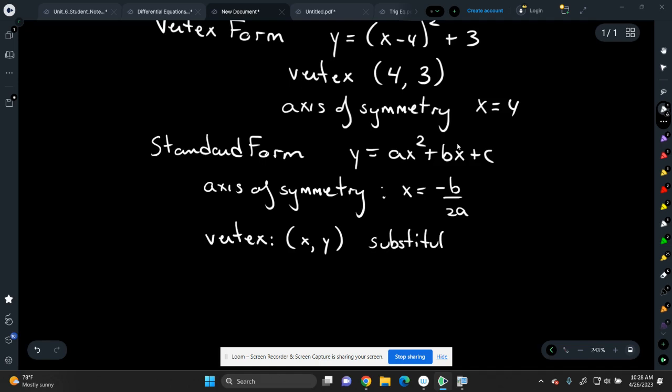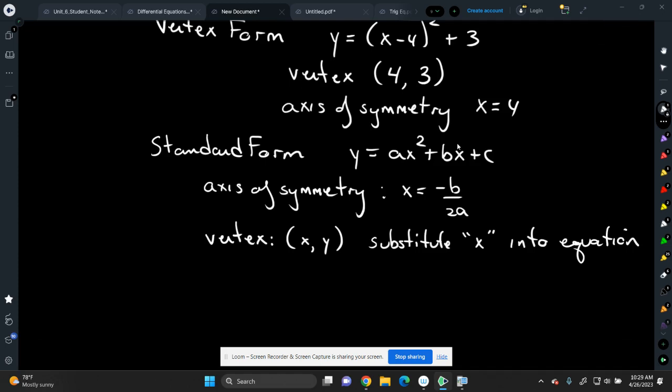We substitute the x into the equation. We know our y-intercept. That's going to be our c value, right?